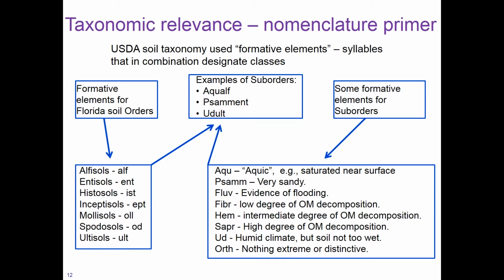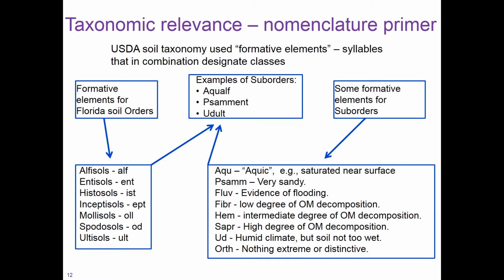There's some other formative elements for suborders that are used in Florida. In fact, there are quite a few that are in this box, examples. I've already mentioned aqua for aquic and psam for very sandy. Then there's fluv for evidence of flooding, fibr, hem, and sapr for low, intermediate, and high degrees of organic matter decomposition.